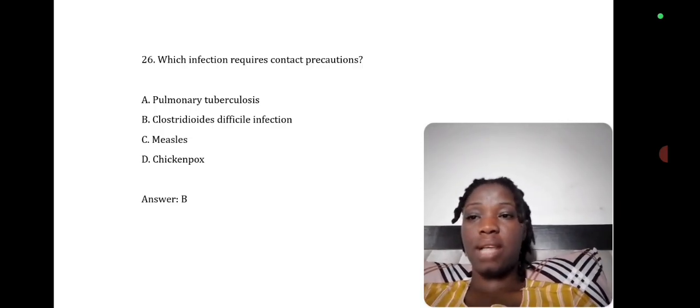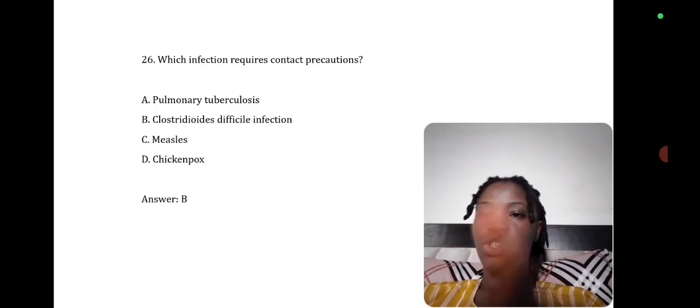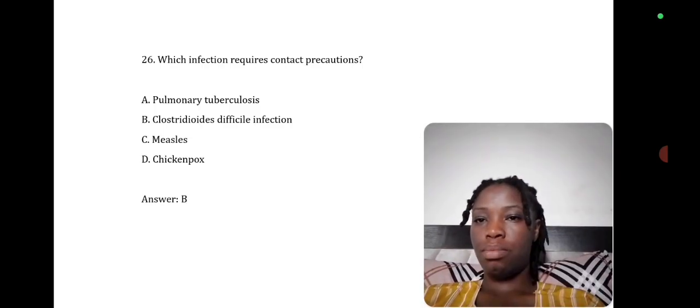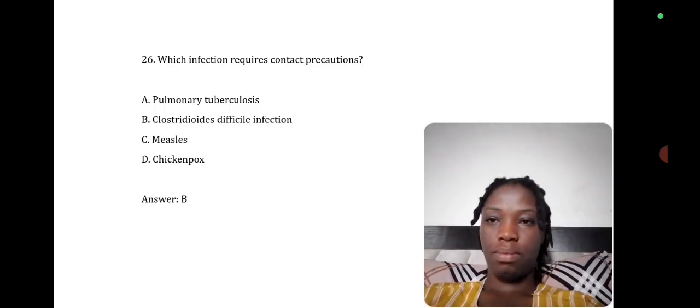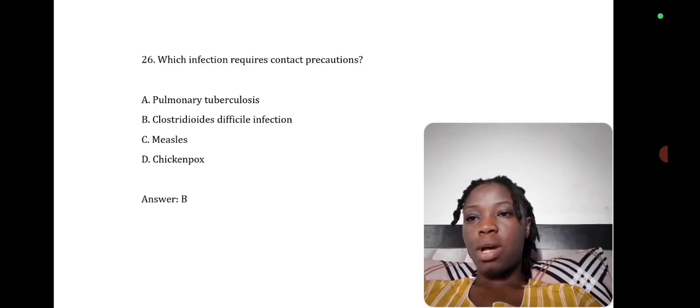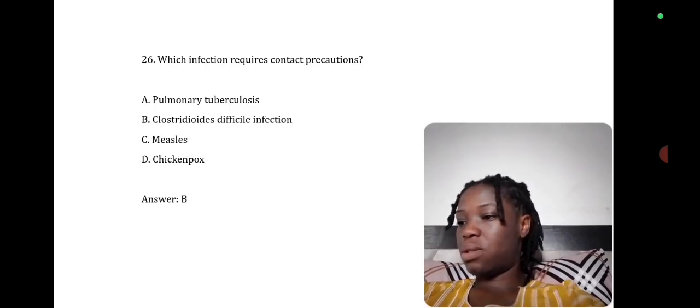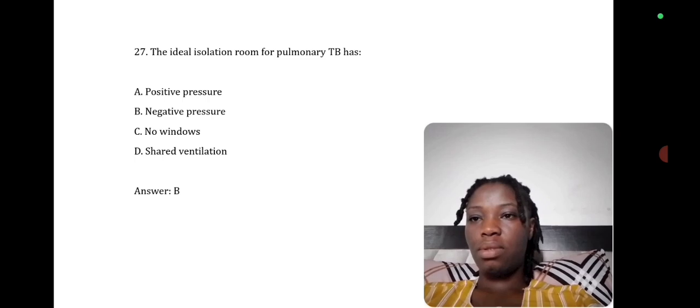So, B is the answer. Clostridium difficile infection, you need contact precaution. When I say contact, like person to person, so you need to prevent that. That's for number 26.